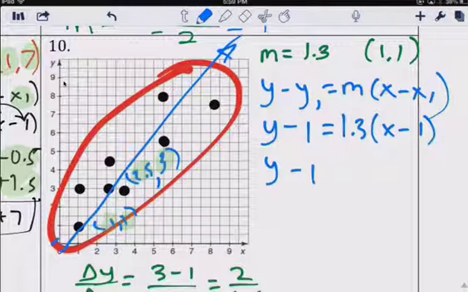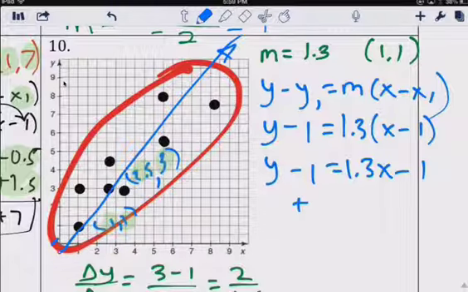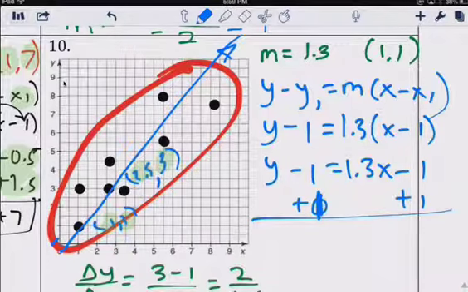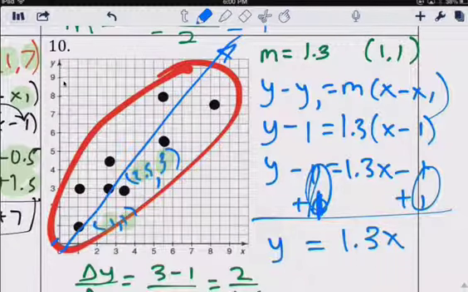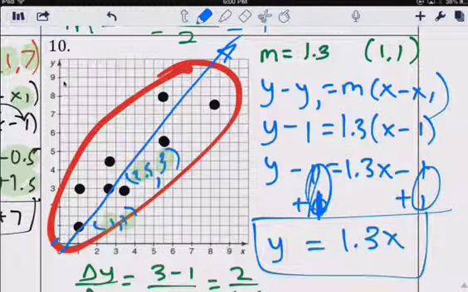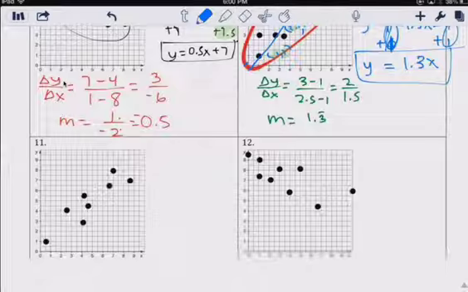Y minus 1 equals 1.3x minus 1. Add 1, add 1. That's 0. Y minus 0 is y. 1.3x, and that's also 0, minus 0 or plus 0. 1.3x plus 0 is 1.3x. And that's your answer. Okay?